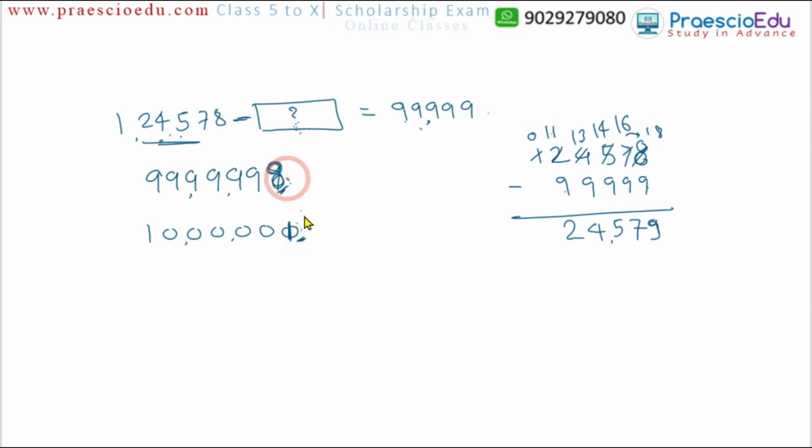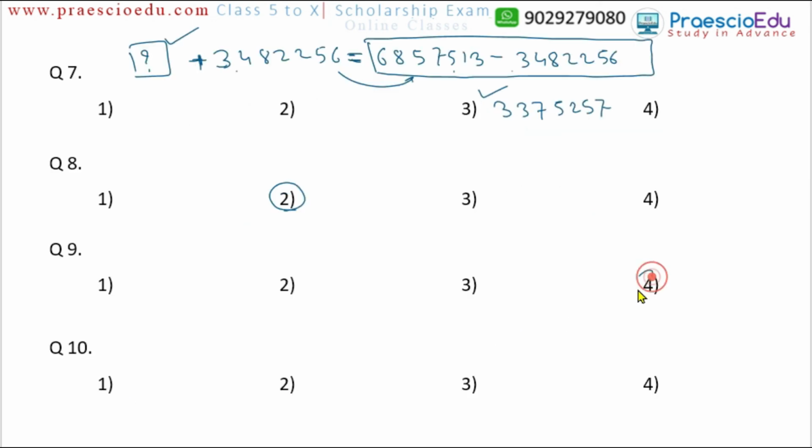From the greatest one we have to subtract the smallest one. So this 8 minus 1 is 7, 9 as it is, 9 as it is, 9 as it is, 9 as it is, 9 as it is, and this is an 8. Okay, so 89 lakh 99,997. So this is given in option number 4.